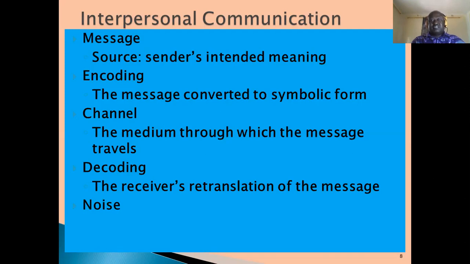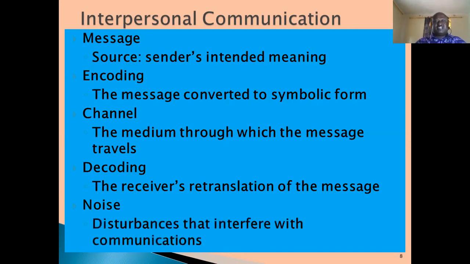The message is converted to symbolic form. Then the channel, the medium through which the message travels. It could be written, it could be face-to-face word of mouth, it could be through maybe some symbol. All that could be the channel. And decoding, this means the receiver's translation of the message.